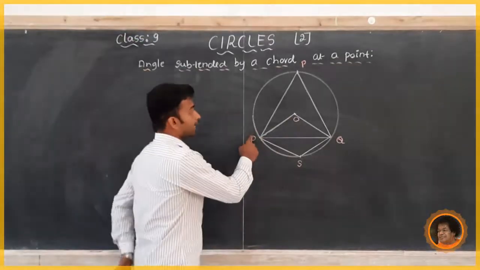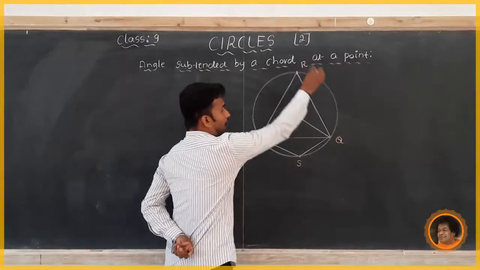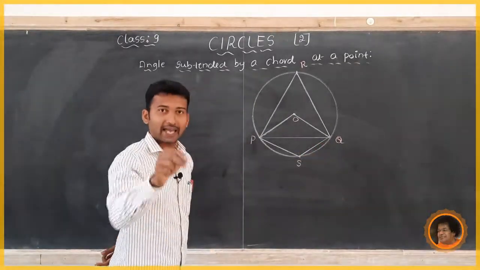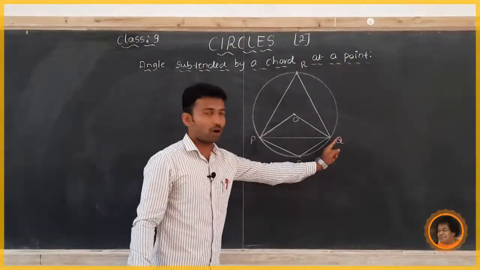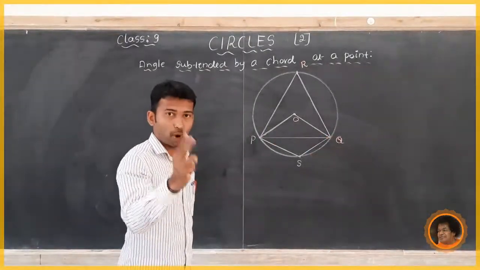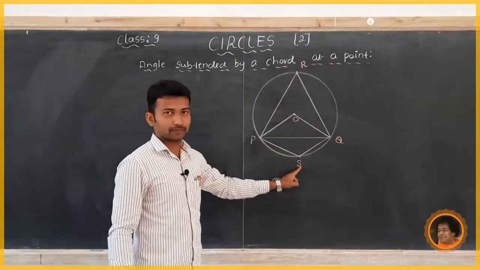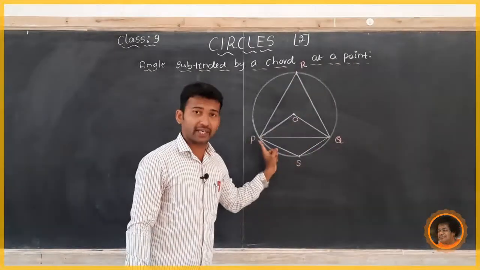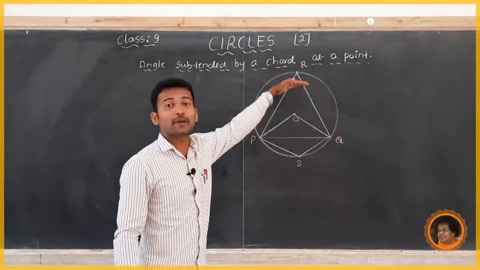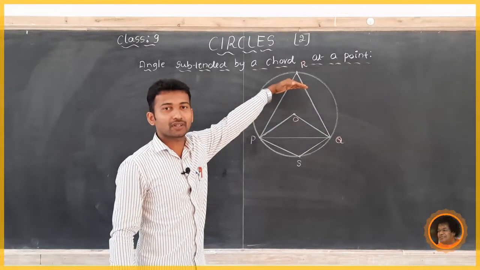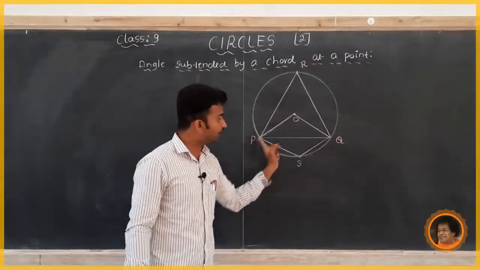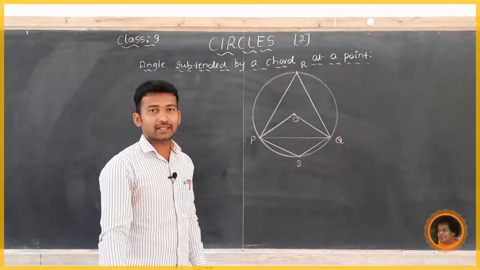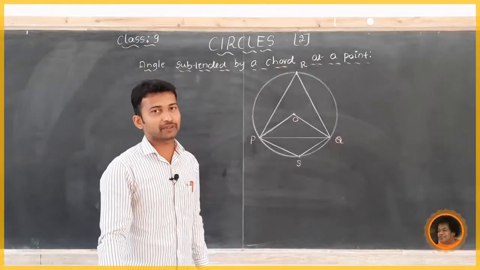Angles PRQ and PSQ are the angles subtended by the same chord PQ at two points R and S. Angle PRQ is subtended by the chord PQ at the major segment, and angle PSQ is subtended by the chord PQ at the minor segment.